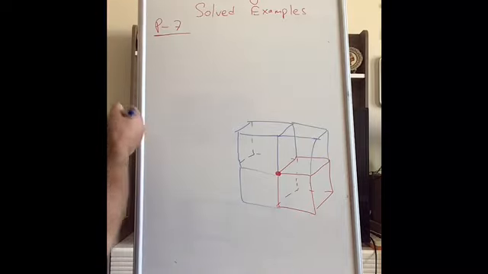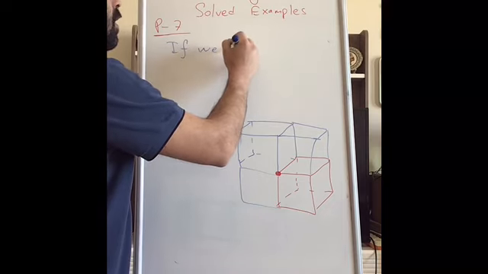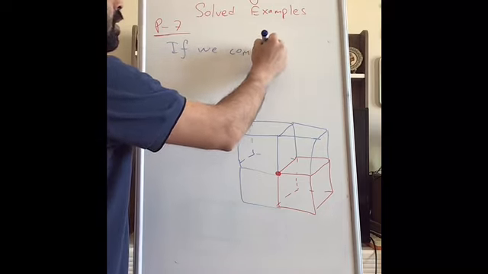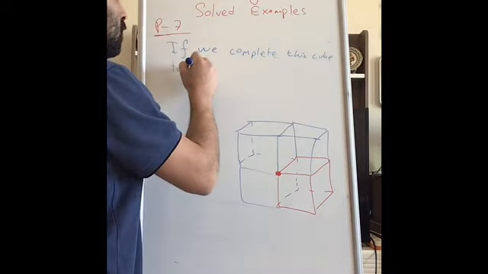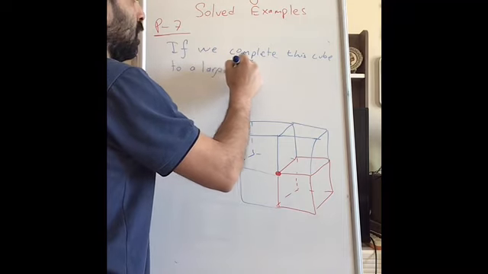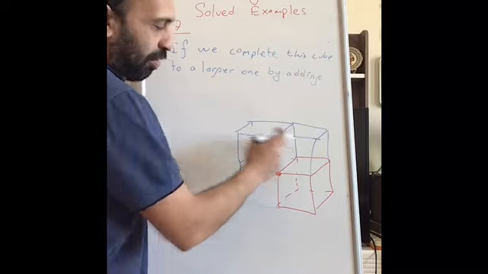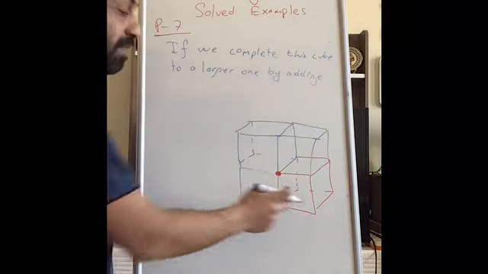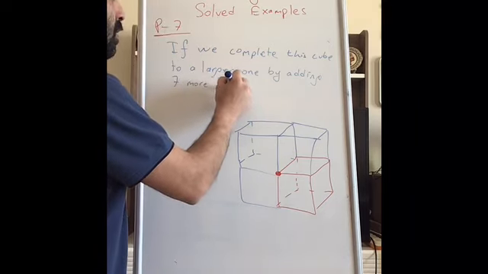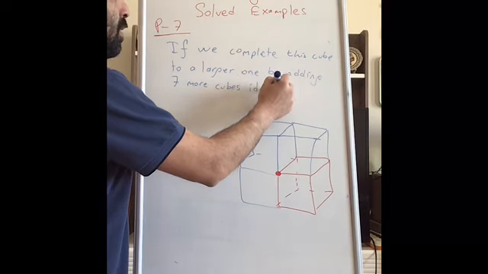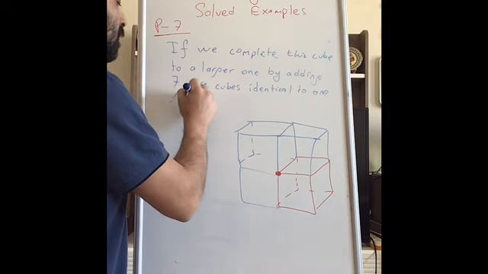If we complete this cube to a larger one by adding, how many cubes did we add? 3 here and 4 more, 7 identical cubes. Adding 7 more cubes identical to the one given in the problem.